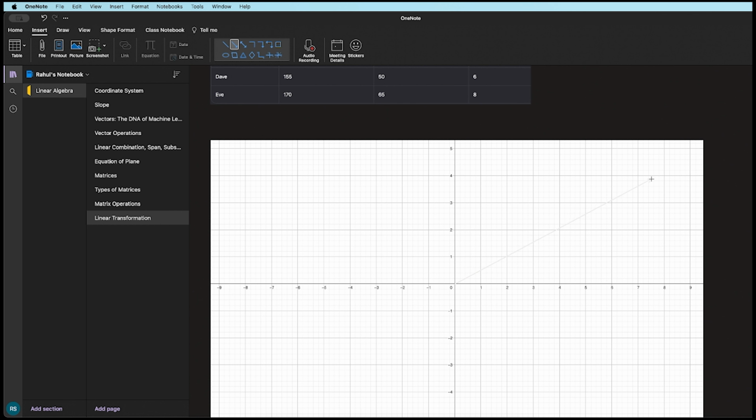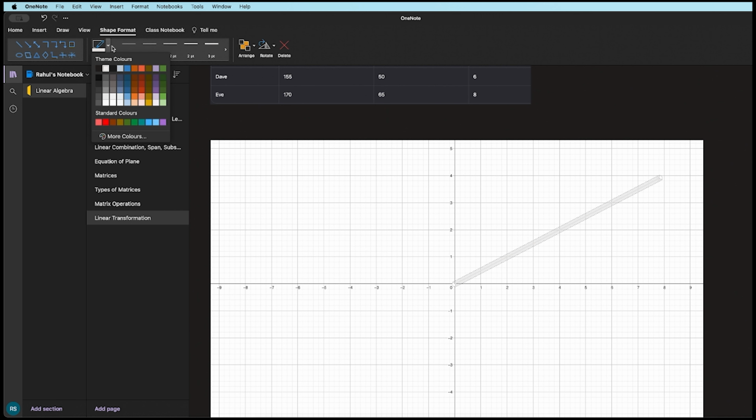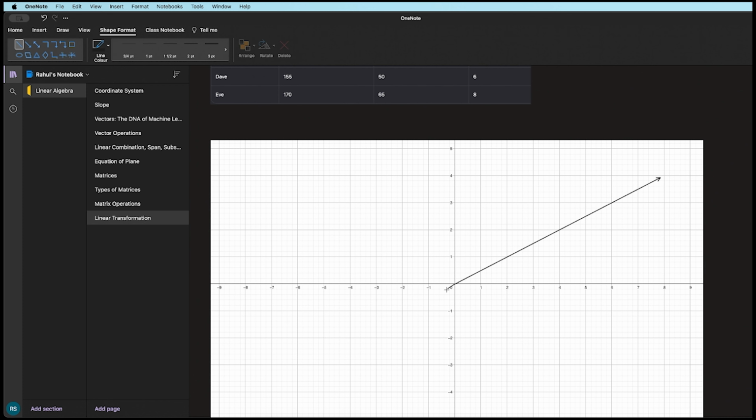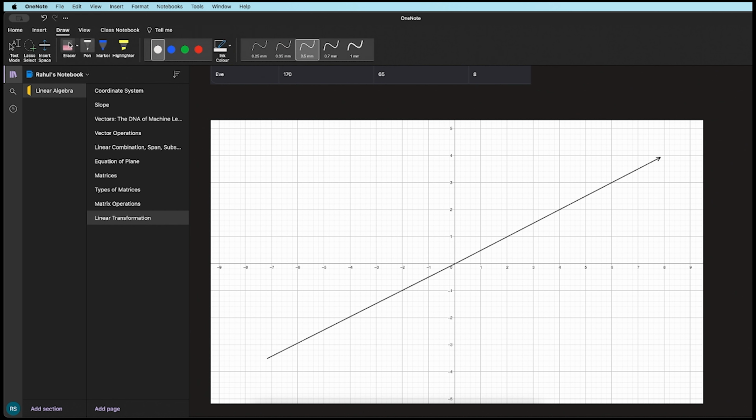There is a vector passing through the point 2, 1. And I can also extend this vector in the opposite direction, so this becomes a straight line.